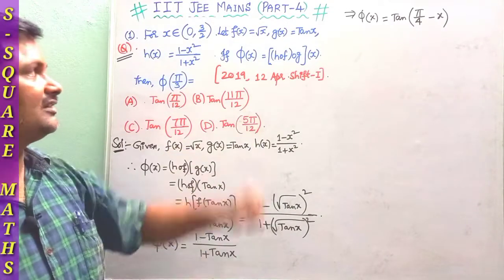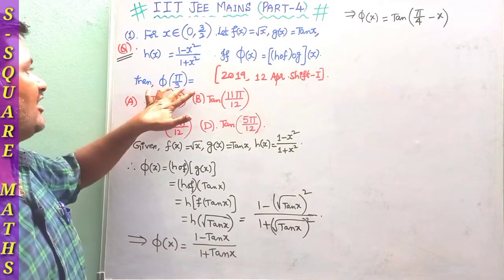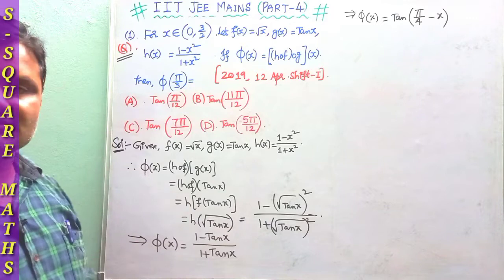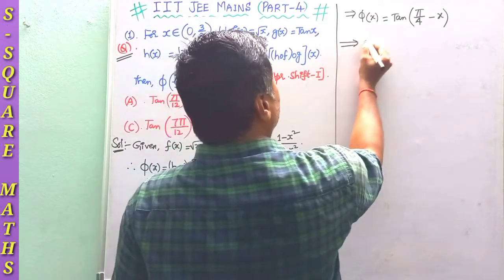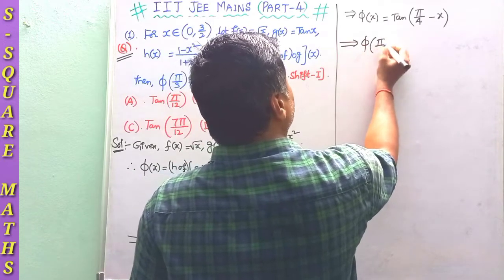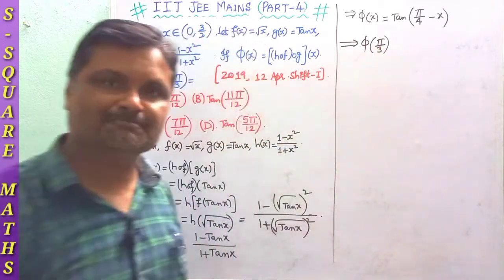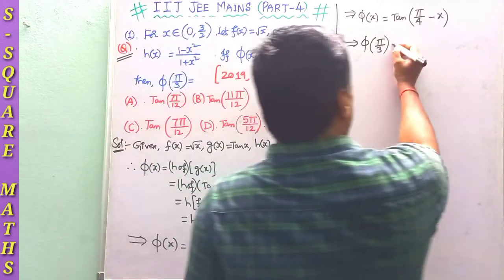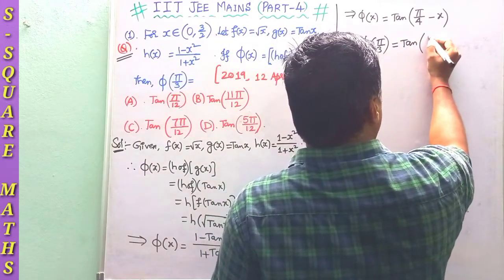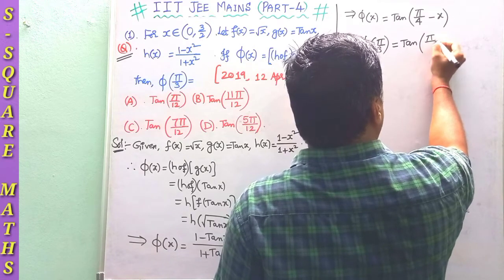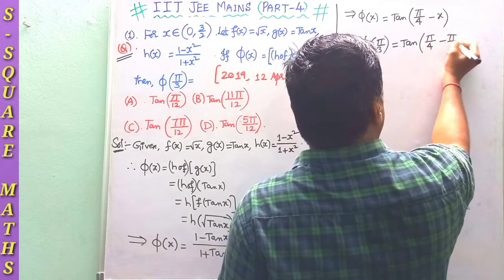But they asked to determine phi of pi by 3. Here also you can directly substitute, no problem. So phi of pi by 3, where pi by 3 stands for 60 degrees, is tan of pi by 4 minus pi by 3.